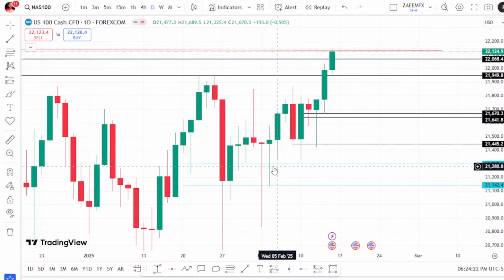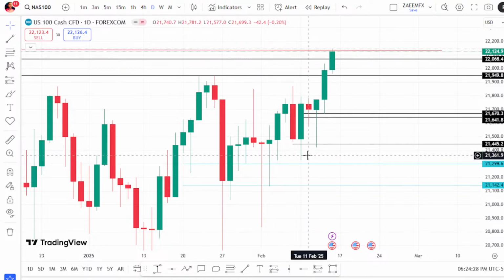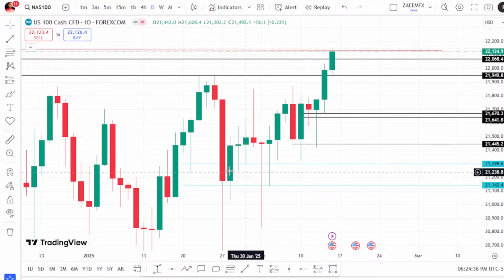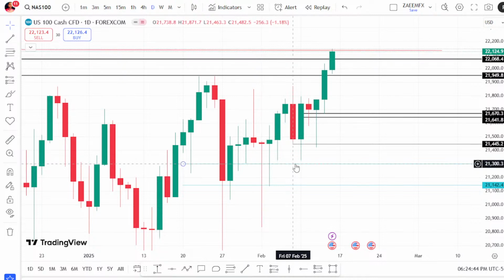Did we hit this level? No. My hands were on my desk. I didn't do anything. I was just watching price action. Since it didn't hit this level, I don't have any reason to enter this trade. So I just keep watching.